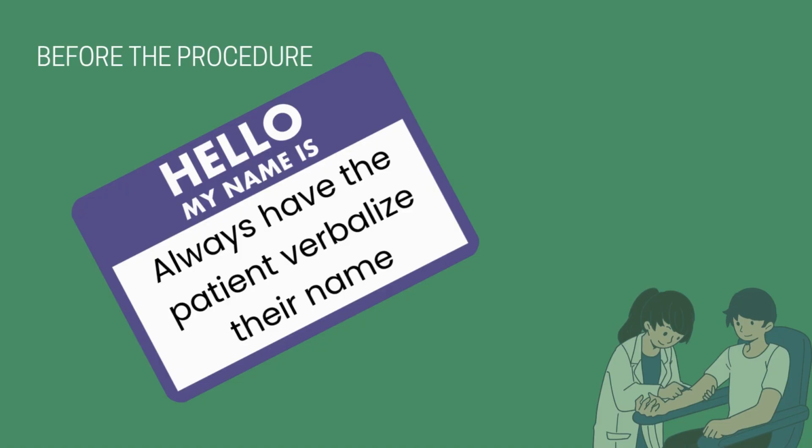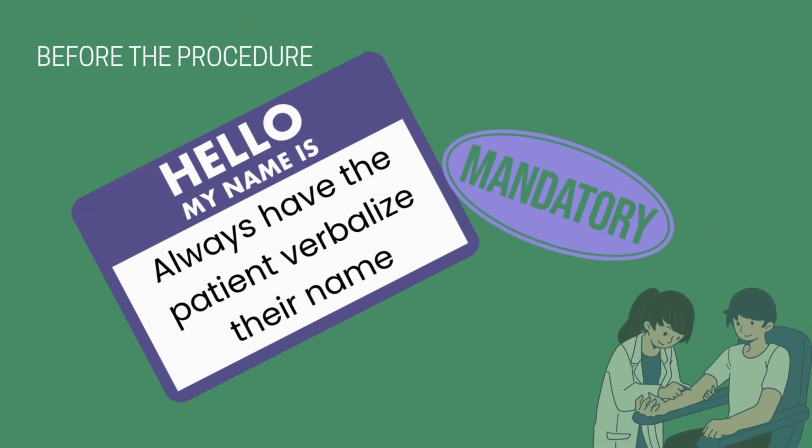Older confused patients, or patients with anesthesia, may misidentify themselves if all you use is a nod of the head. These steps are not just best practice, they are mandatory, and skipping them can lead to misidentification, incorrect treatment, or even life-threatening consequences.